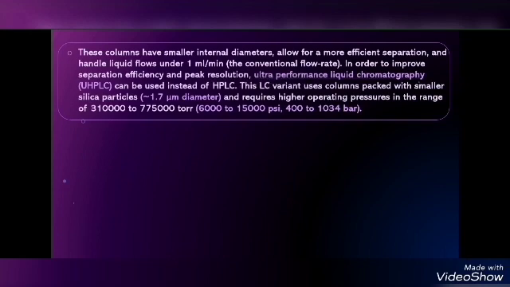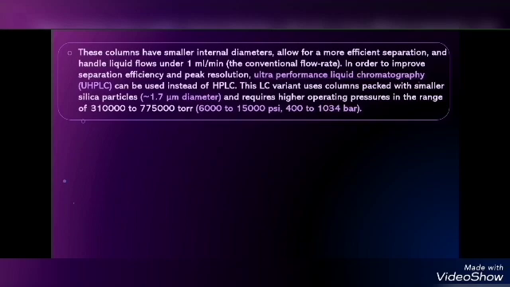These columns have smaller internal diameters, allow for a more efficient separation, and handle liquid flows under 1 ml per minute, the conventional flow rate. In order to improve separation efficiency and peak resolution, ultra-high-performance liquid chromatography (UHPLC) can be used instead of HPLC.